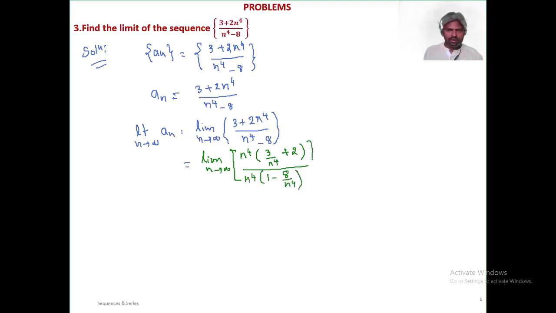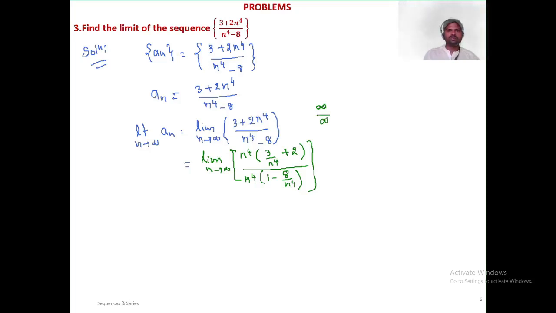Now, why am I taking n power 4 common? That is a fundamental question. If you don't take n power 4 as common, then what happens? You apply the limit n tends to infinity. What will you get? 3 plus 2 into infinity power 4. The numerator value is infinity. Now, what about the denominator value? Infinity power 4 minus 8 is again infinity.